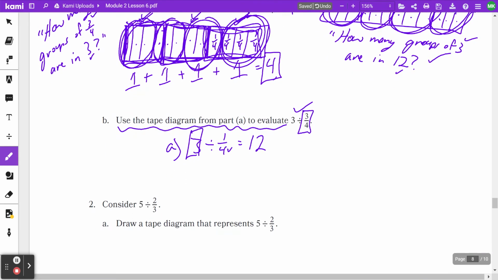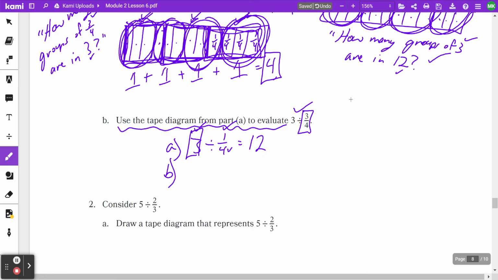Okay, so I'm hoping that part makes sense. So I wound up with 12 1/4s, 12 groups of 1/4. So the question is, how many 1/4 groups are actually in 3? Well, it's 3 times 4 gives me 12. Take 3 whole, split them into 4 parts each. 3 times 4 gives me 12.